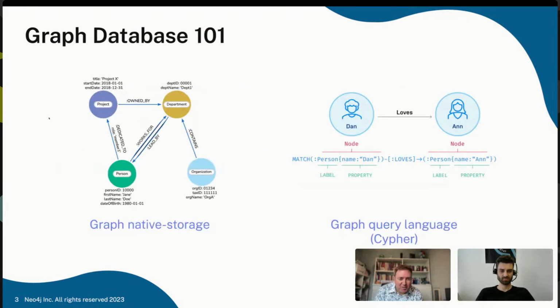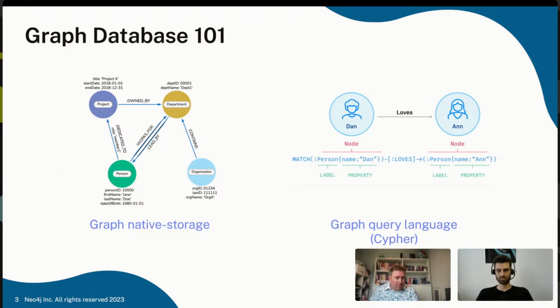So this is my slide for people who have never heard of a graph database before. There are 2 things that you need to know. The first thing is that Neo4j has graph native storage. The key principle here is that instead of storing data in terms of rows, columns, and tables, we store things in terms of nodes, relationships, and edges.